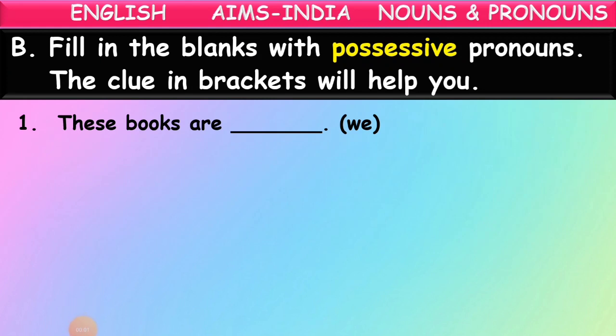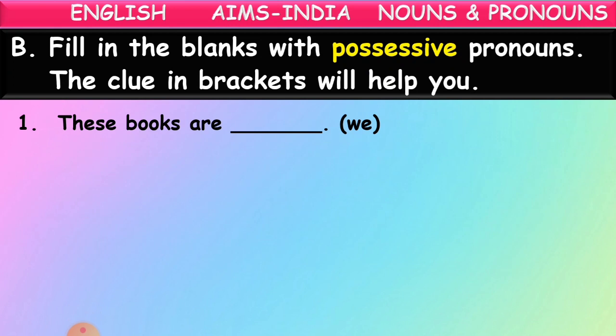Fill in the blanks with possessive pronouns, and the clue in brackets will help you. Possessive pronouns, do you remember what they are? Like mine, ours, his, hers, theirs, and all this. These are all possessive pronouns. Here is our sentence: these books are dash.